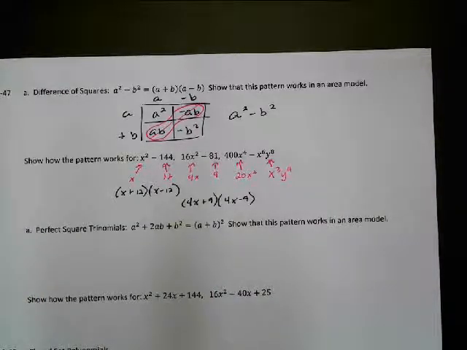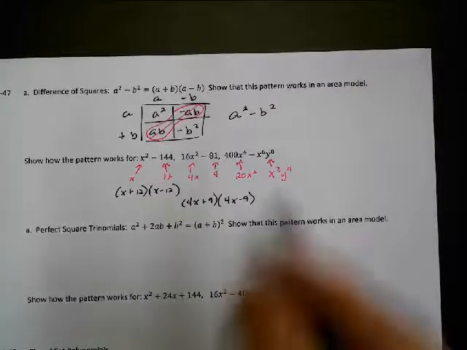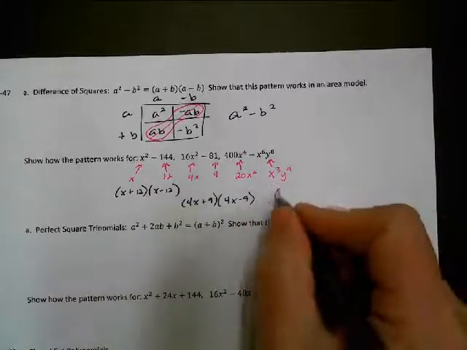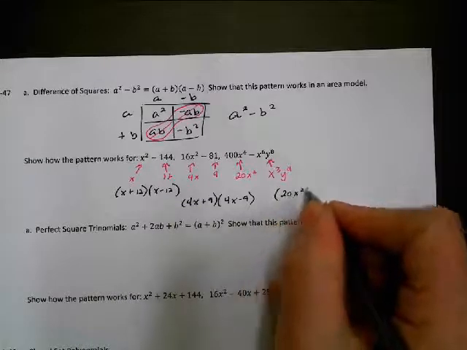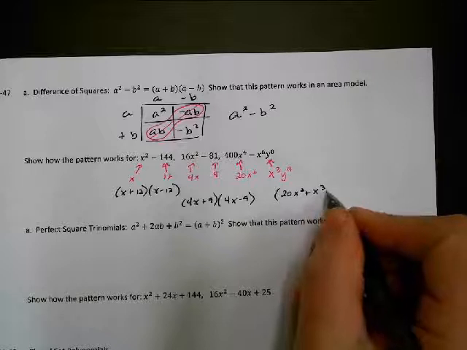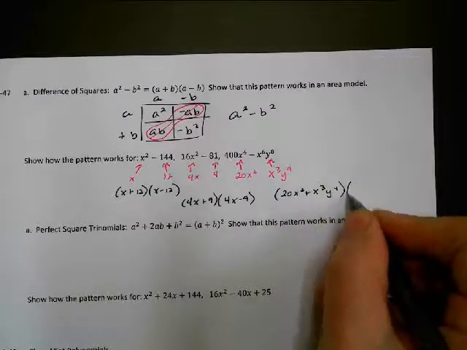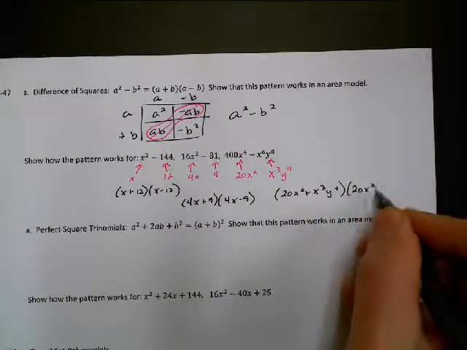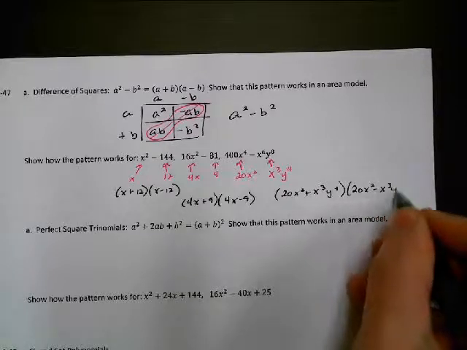Okay, so there is a negative in between. So this would just be 20x squared plus x to the third y to the fourth, and 20x squared minus x to the third y to the fourth. Those still factor, but whatever. They still have a GCF in them.